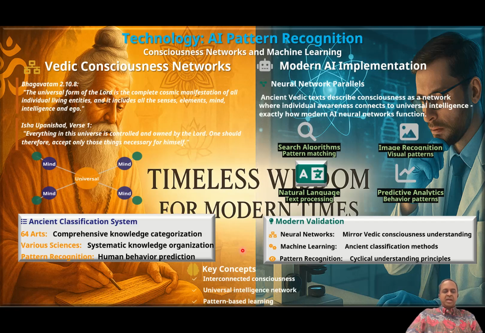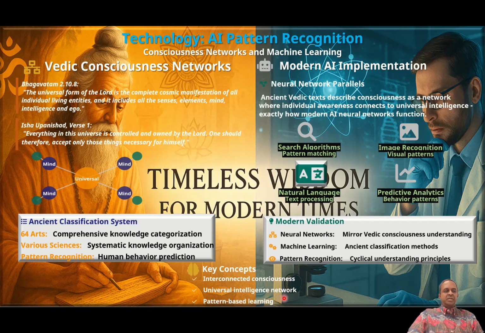So let's look at the key concepts which we have seen. Interconnected consciousness, which basically says everything is connected, which is also the fundamentals of neural networks and our current AI systems. Universal intelligent network, so individual nodes accessing collective wisdom, that's the whole learning ability in AI systems.